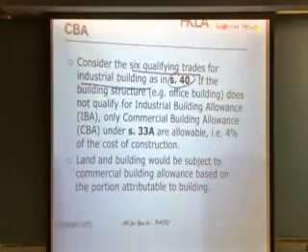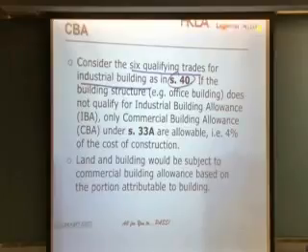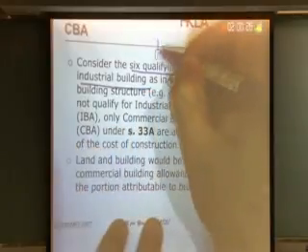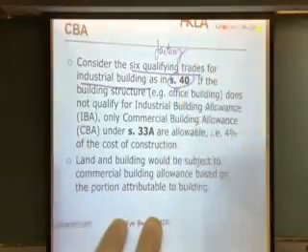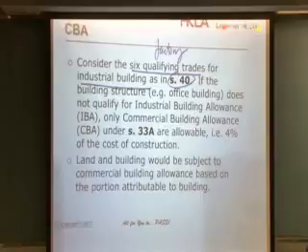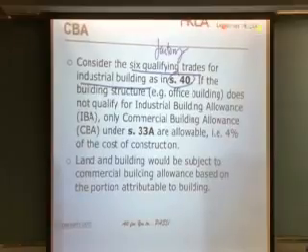For examination purpose, very unlikely they ask you what are the 6 qualifying trade. All right? You use most common example for qualifying trade. One is factory. If the building is a factory for manufacturing purpose, you can claim industrial building allowance.